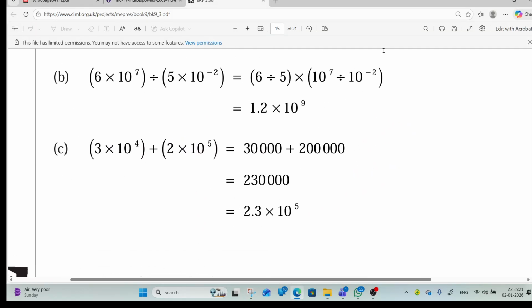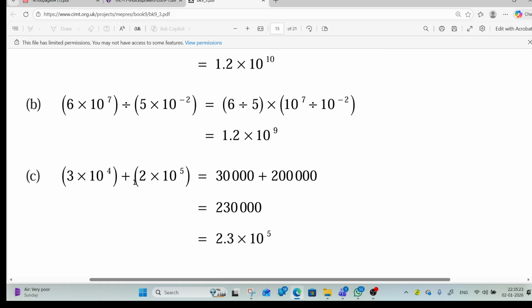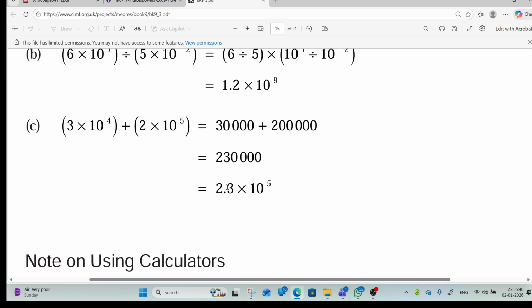To add them, you can expand it: 10 to the power 4 means we need to put 4 zeros. If we multiply it by 3, we get 30,000. Similarly, here we get 200,000. If we add them, we get 230,000, which we can convert into standard form.